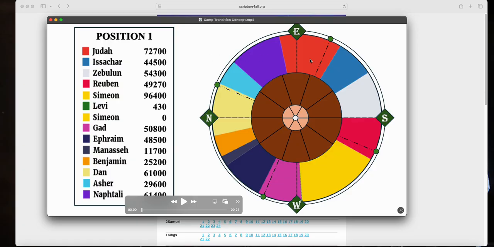These different colors represent the different tribes, and then you'll see that we have our cardinal directions and then our ecliptic cross right here, and all of these different breakups of the tribes across their borders and across these cardinal lines.